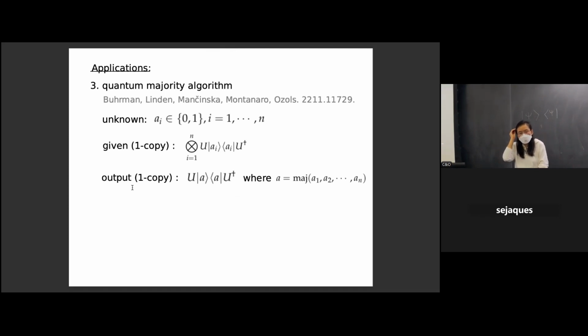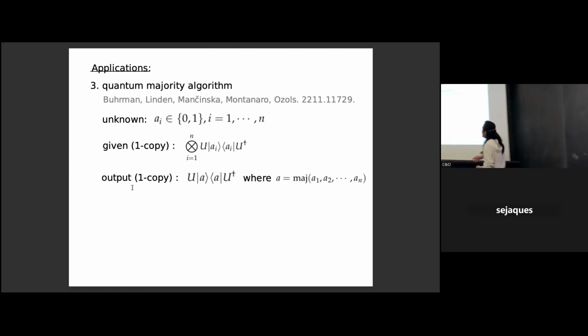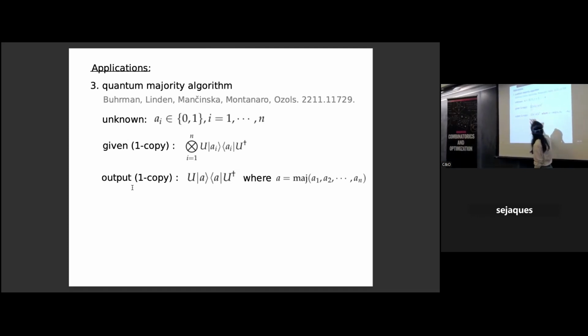Finally, purification in 2 dimensions is similar to a problem called the quantum majority problem. You imagine having a bunch of bits in a basis that you don't know about. Then you want to perform the majority voting in that unknown basis. Yes? Sorry, could you go back to the previous slide?